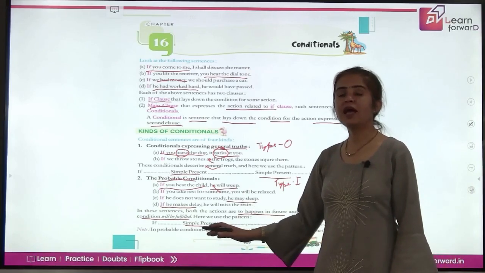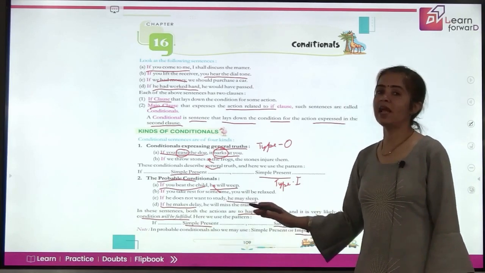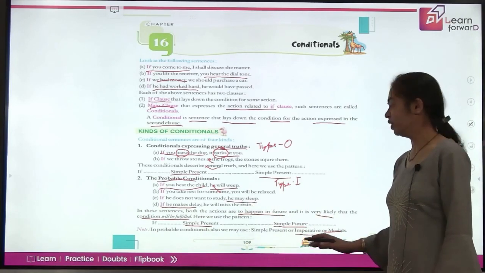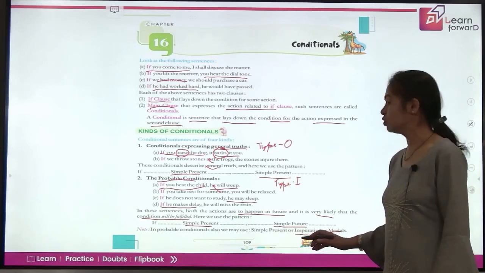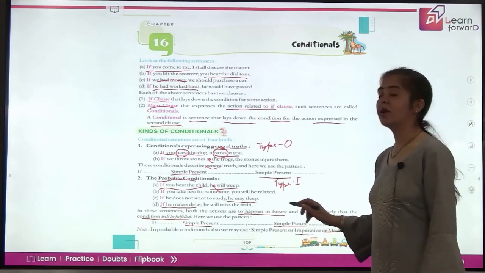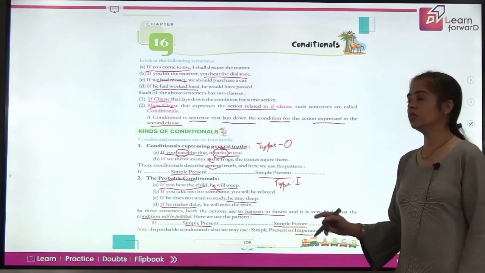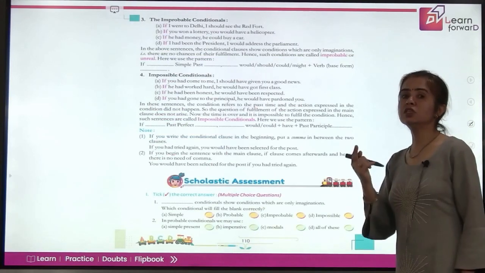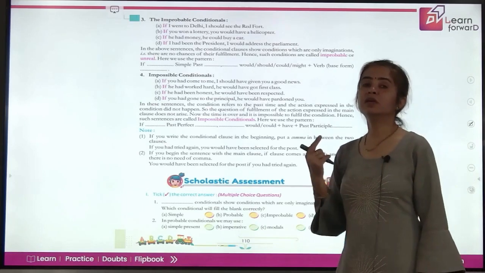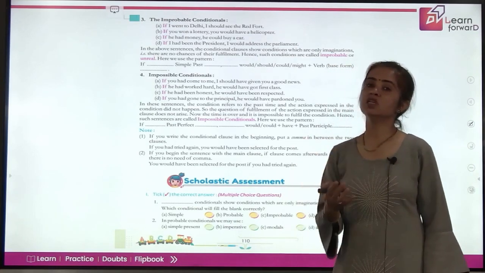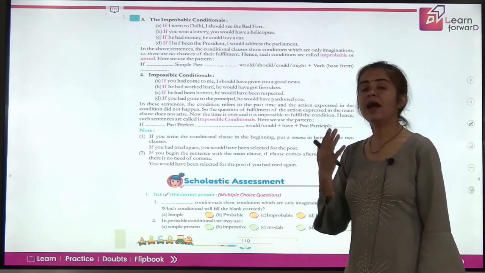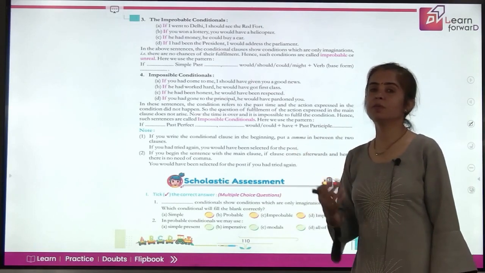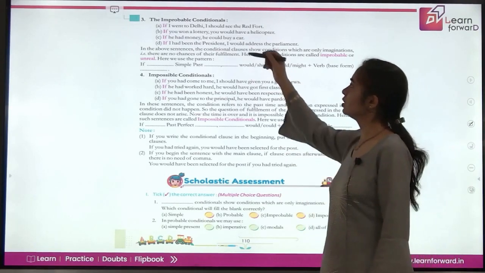If clause has simple present tense, it can have modals, it can have infinitives also, imperative also. And in the second part, which is called the main clause, here we have the simple future tense. So we just need to remember what tense is to be used in each of these conditionals and in either part of the conditional sentence.